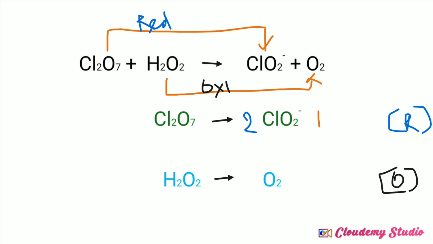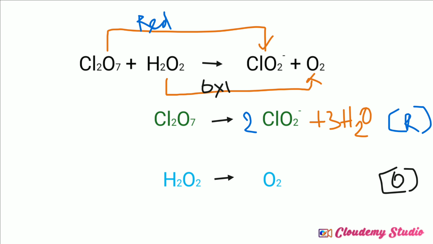3 moles of water has to be added on the right hand side. In order to balance the oxygen atoms, we are adding 3 moles of water on the right hand side. Now the right hand side has 3 times 2, 6 hydrogen atoms, but the left hand side has no hydrogen atoms.